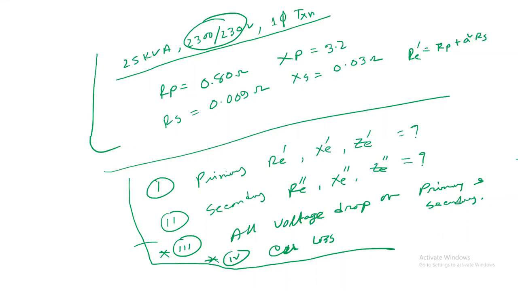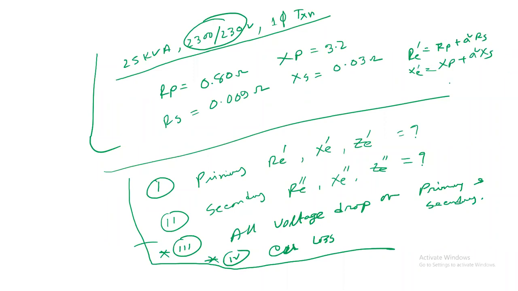So, quickly, correct this result. This is RE single prime, then XE single prime. This is XP plus A square XS.